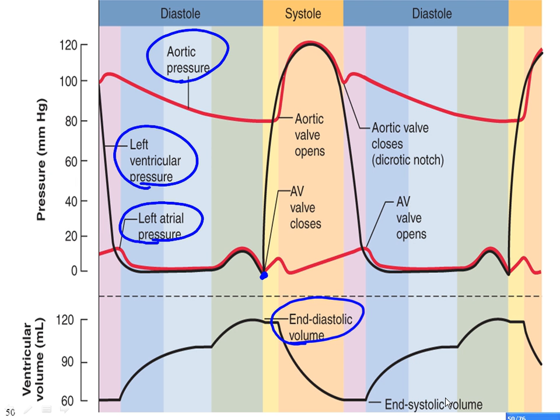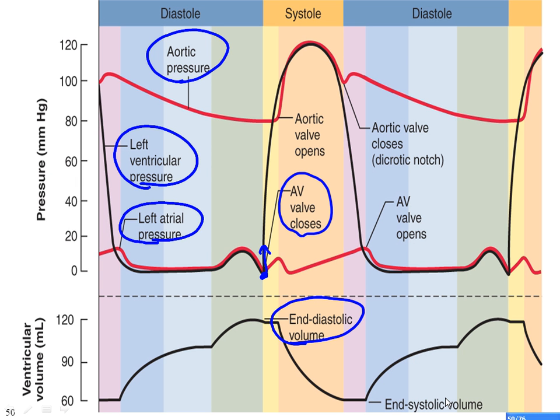Very quickly, it's going to build up enough pressure so that it exceeds the pressure within the left atrium. And when left ventricular pressure exceeds left atrial pressure, the left atrioventricular valve will close, or the mitral valve or bicuspid valve.